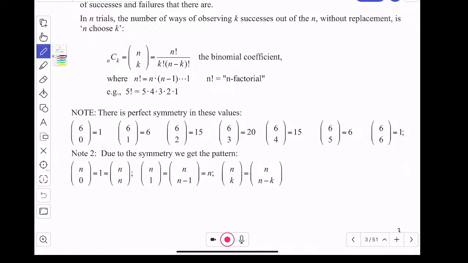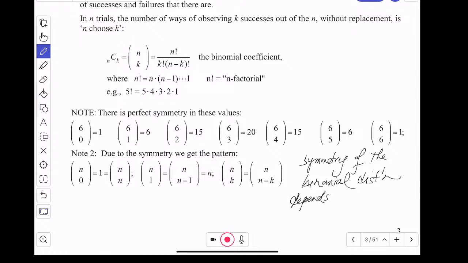In fact, symmetry of the binomial distribution actually depends on p being 0.5 or a relationship between n and p that we're going to discuss soon.